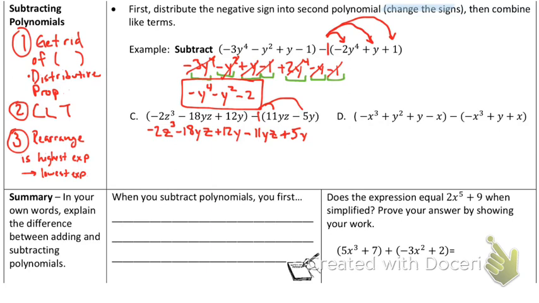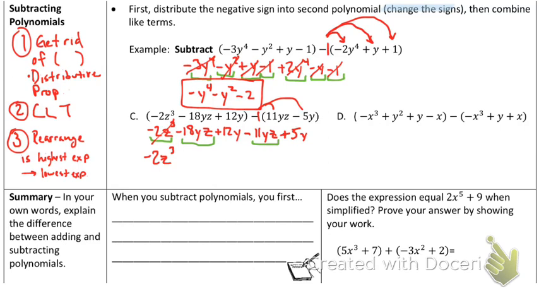Once we have distributed and our parentheses are gone, we can begin combining like terms. For z to the third, we're looking for another z to the third. We do not have that, so I'm just going to copy negative 2z to the third and cross it out. Then we are looking for yz. We have it here.